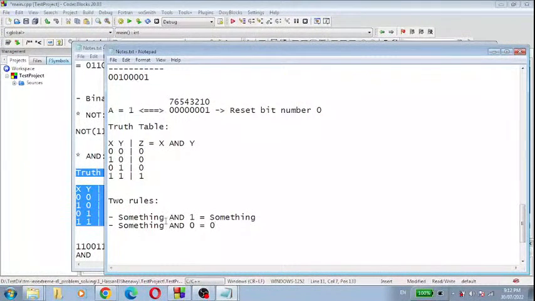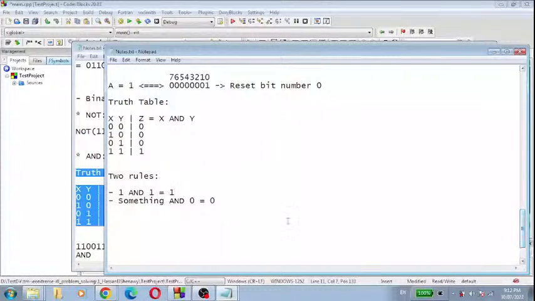Okay, now if you have anything here, you are going to write like 1. So now 1 ended with 1, you are going to get 1. And also when you have 0 ended with 1, you are going to get 0. That's what I meant by something here.